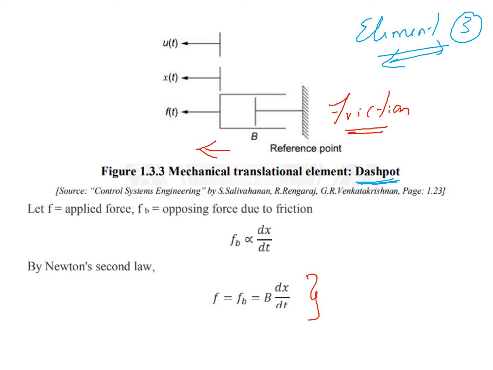Here B is nothing but the frictional coefficient, and this component, dx by dt, can be denoted as V, that is velocity.